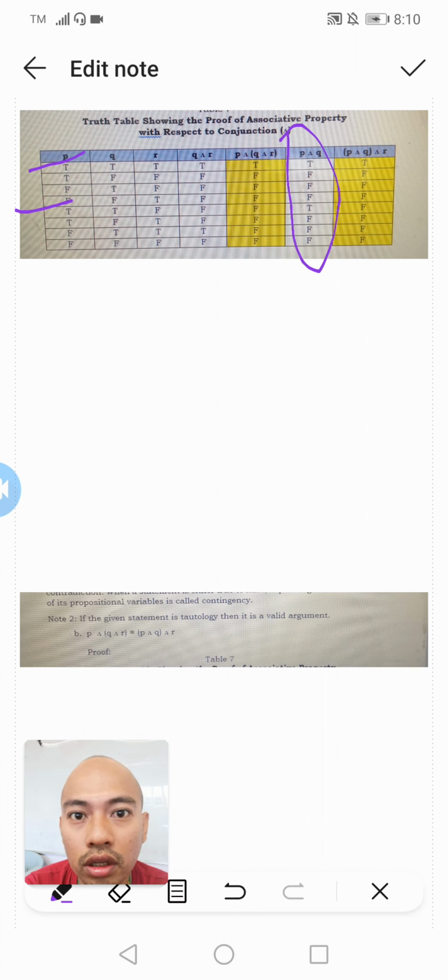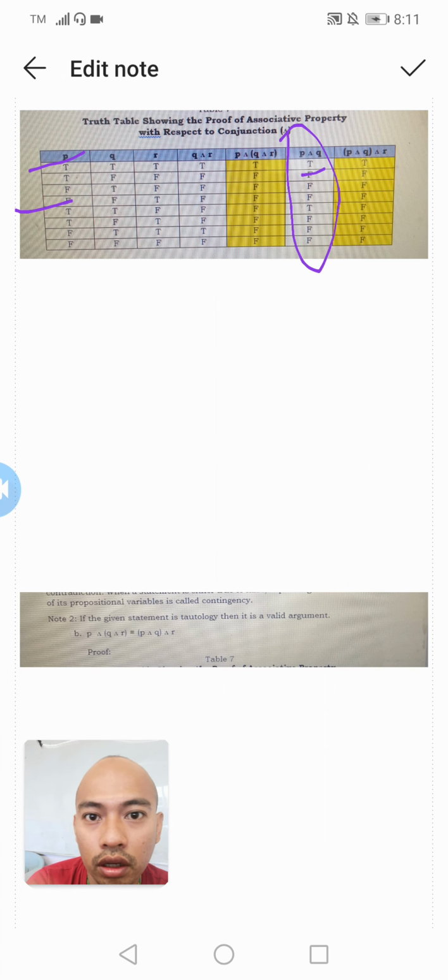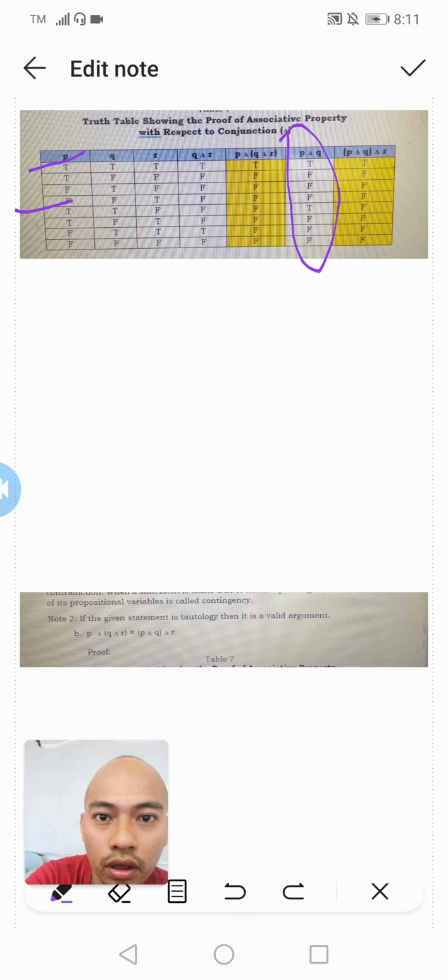So only yung first row natin and yung fifth row will be true statements. So yan, yan, and ito. So these are only the true statements under P and Q. The other are all false.